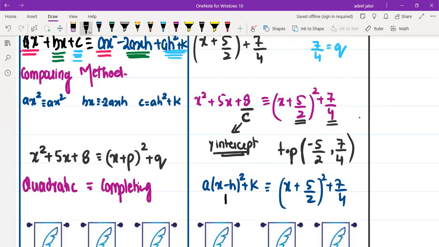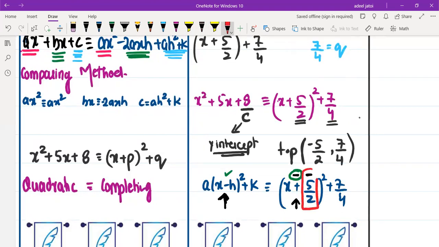So if the sign change from negative to positive is there, that means if the value was negative initially, the 5 upon 2 should have been negative as well. Because of the negative, the sign has changed. So this one is the original sign, but this negative is with what?